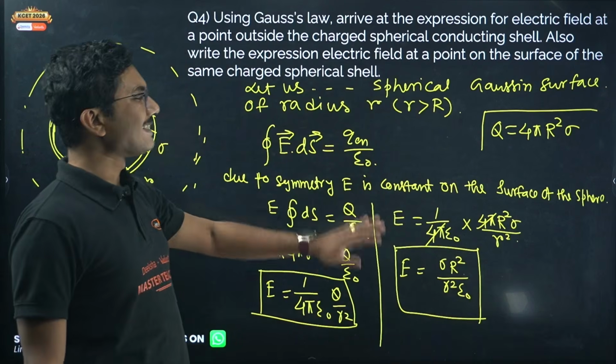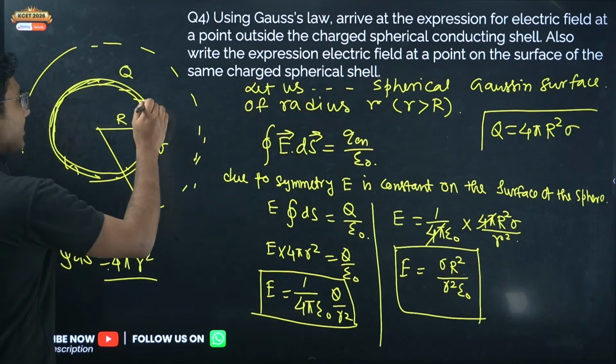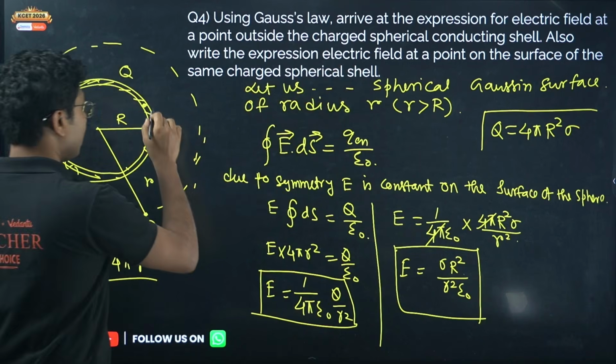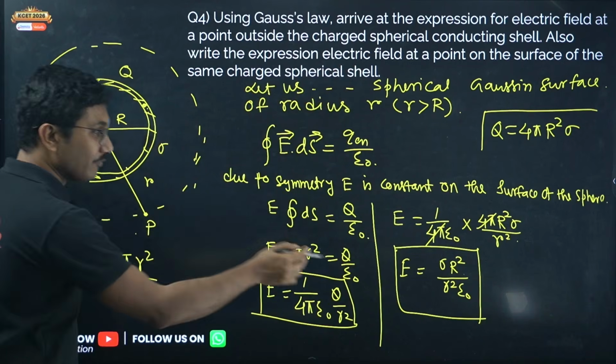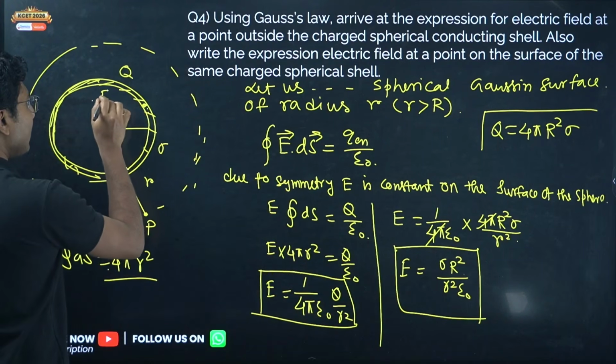The electric field is the same on the surface of the sphere. Till the surface everything is the same. On the surface it has the same value as this, and just inside the surface the electric field is 0.